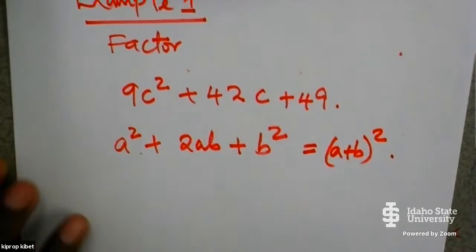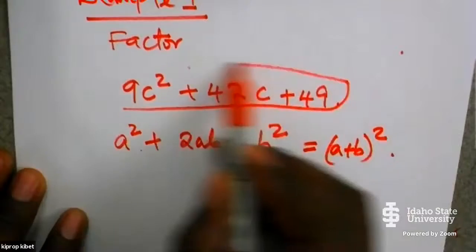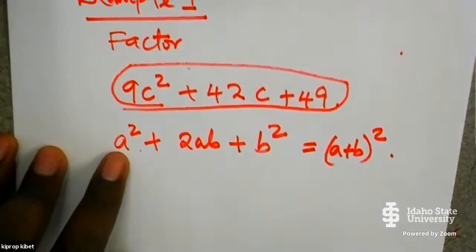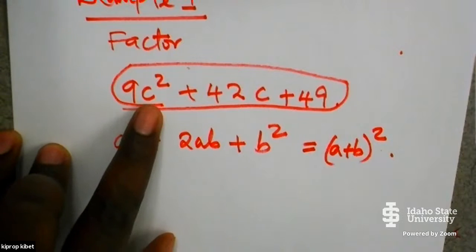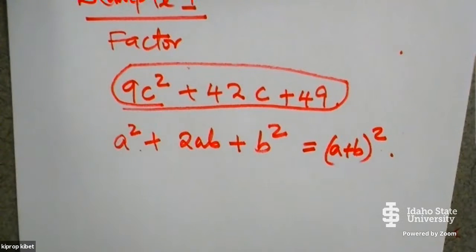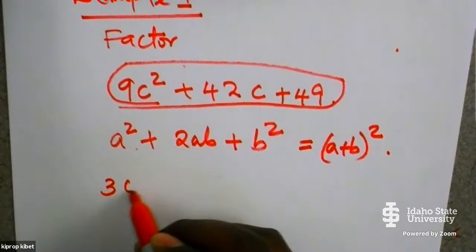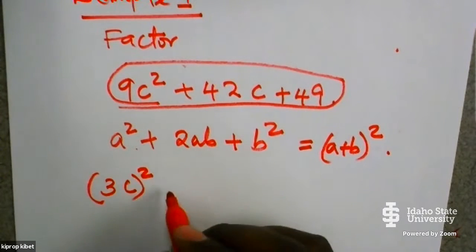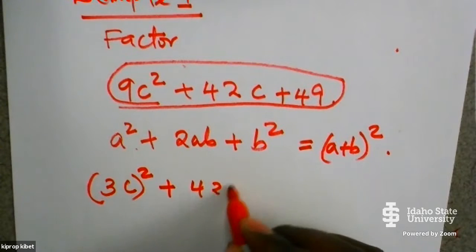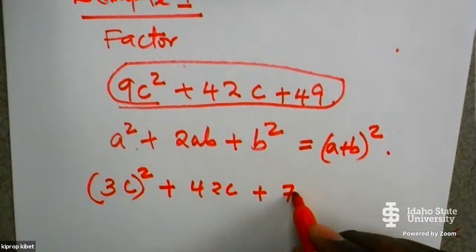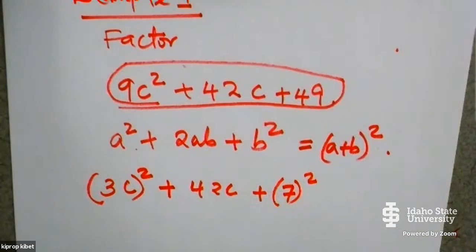Now, if you look at this one, what is our a squared? 9c squared. What is our a? 3c. So we can write this one as 3c squared, and then maybe this one as 42c plus 7 squared, right?